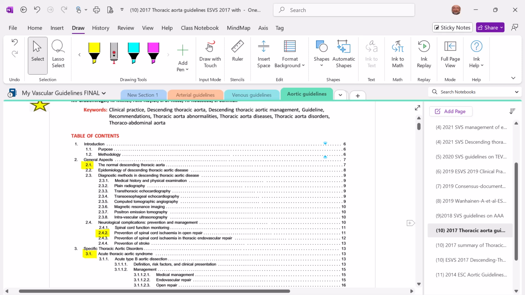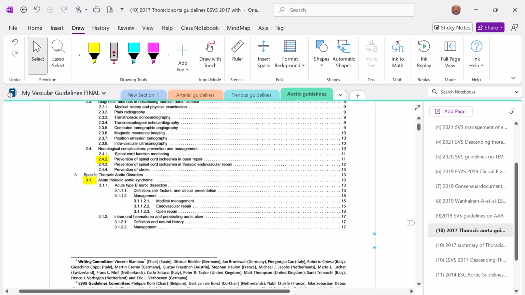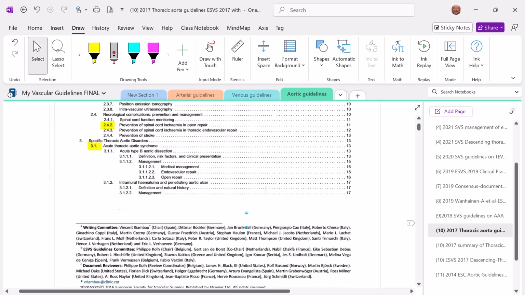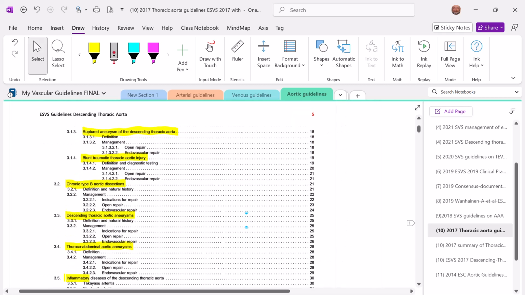Here you will get the content, what is normal, this is important, and then we're going to discuss spinal cord ischemia, which is important for paralysis as a complication, paraplegia as a complication. What is acute aortic syndrome is also very important. And you can see ruptured aneurysm, blunt trauma.